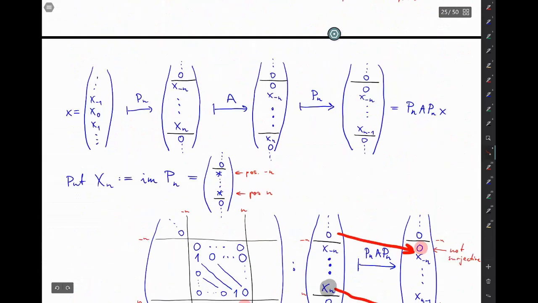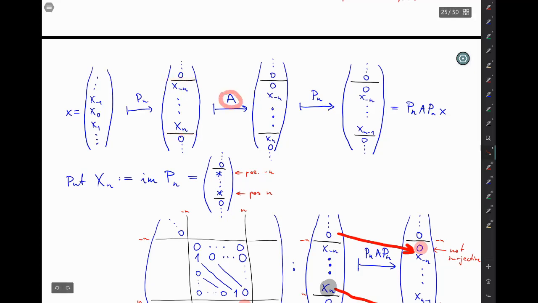Okay, well, maybe for this particular example of the forward shift operator A. So we started with this infinite vector x. We projected it down to the subspace capital Xn, where vectors are only supported between entries number minus n and n, which are marked by these black bars here and here.